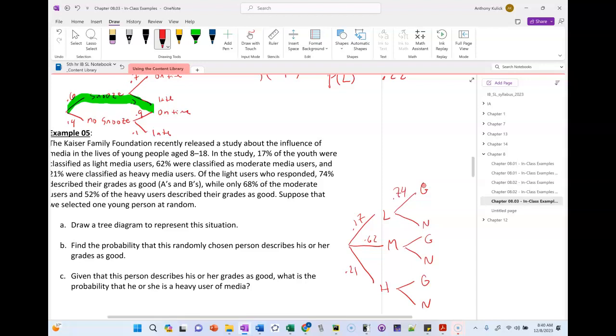So the not good would be, okay, 68% moderate, and 52%. Well, you gotta give me the other one. Oh, sorry. That's our tree diagram.